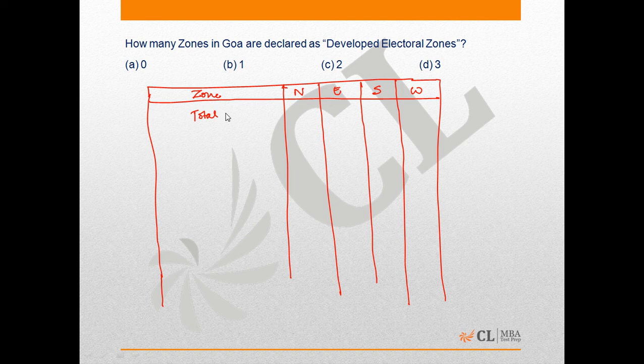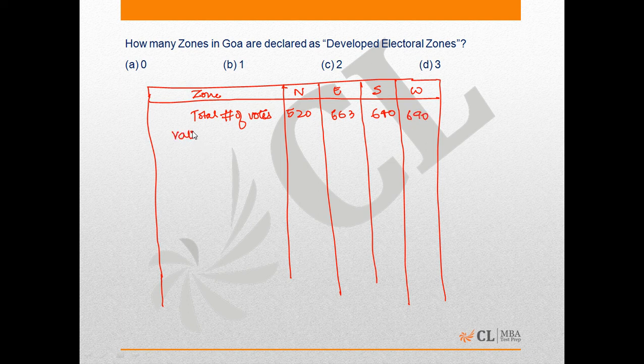The total number of votes polled in north is 520, in east is 663, in south is 640, and in west is 690.